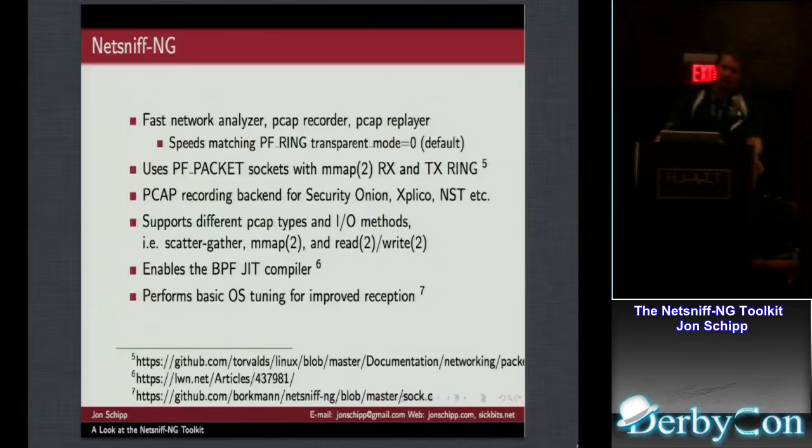The Linux kernel also has the JIT compiler, and it's not enabled by default. So when you run Netsniff, it will enable the JIT compiler. It's just a setting in procfs, or you can use sysctl if you want to add it to the file. Basically, the JIT compiler creates a JIT image based on native code for your architecture.